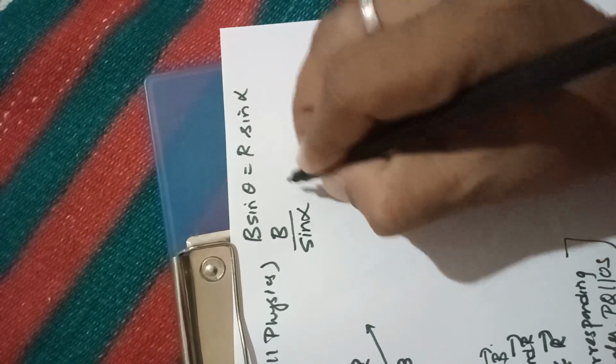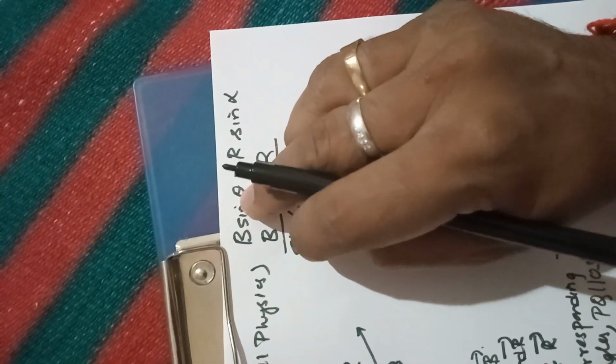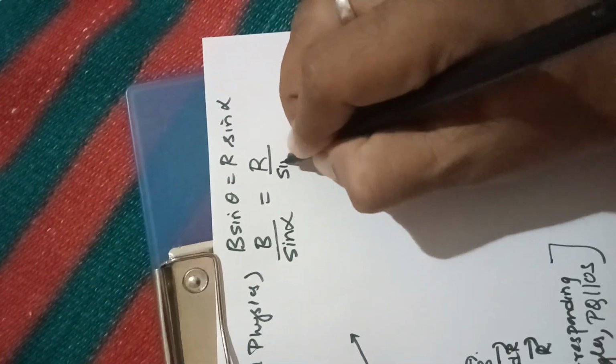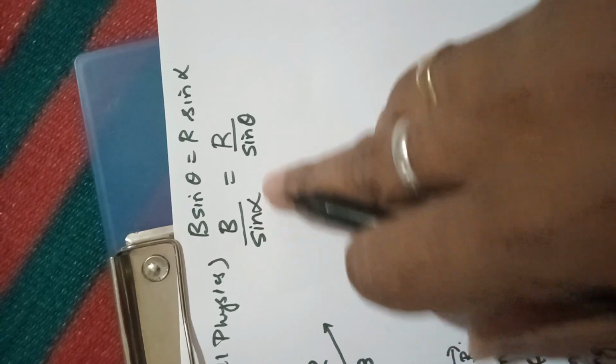B by sine alpha is equal to R by, here it is multiplication, so if I transpose it, it becomes sine theta. B by sine alpha is equal to R by sine theta. Let's call this equation 3.